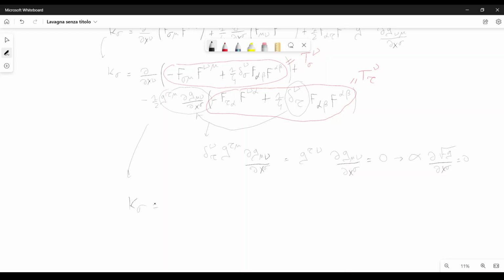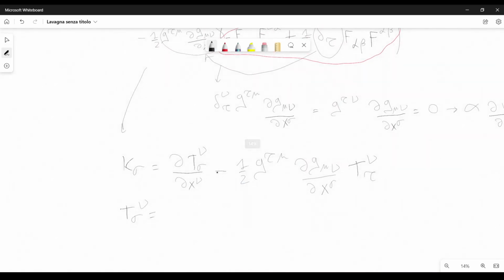K sigma is equal to the derivative of T nu sigma with respect to x nu plus, actually minus, here I have a minus 1/2 g tau mu, derivative of g mu nu with respect to x sigma times T nu tau, where T nu sigma, as I said, can be written like this.